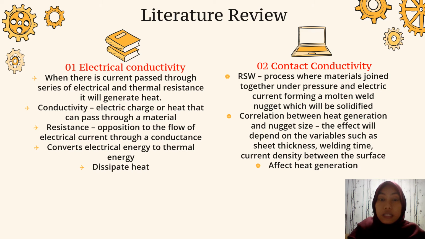Contact conductivity varies and depends on various variables such as the sheet thickness, the welding time, and the current density between the surfaces, and these variables will affect the heat generation. Contact pressure distribution at the surfaces of materials may relate to the temperature history, the electric force, the coefficient of friction, and also the properties of the materials.